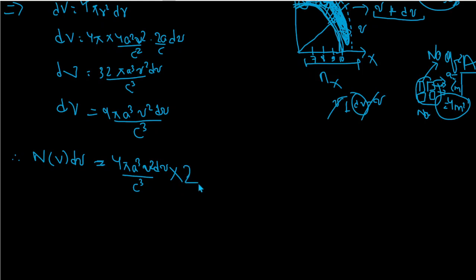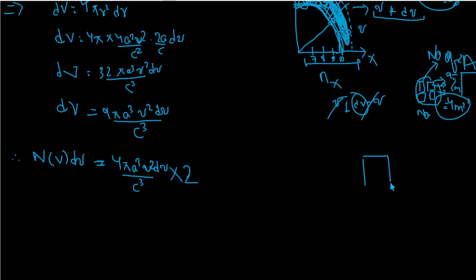Why am I multiplying it with the factor 2? If you have studied the polarization concept, in a three-dimensional cube, if the standing wave is vibrating in a certain direction, let's say, okay, I have to make a cube here.